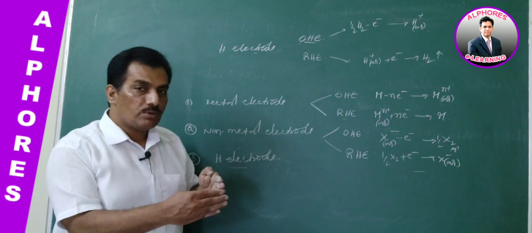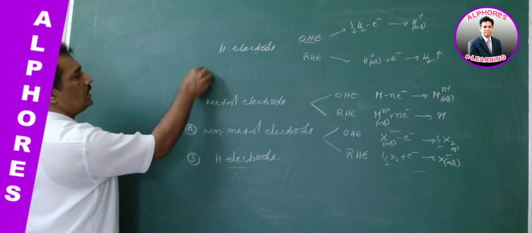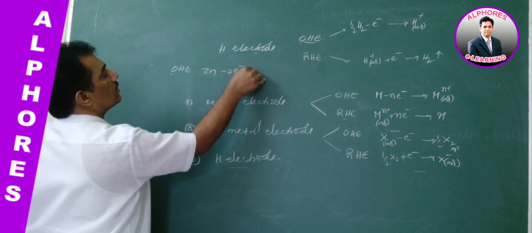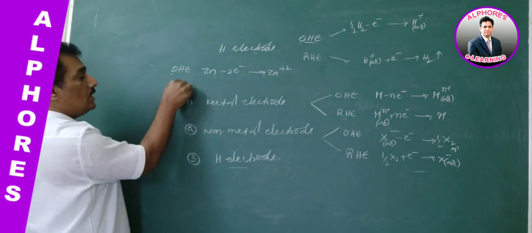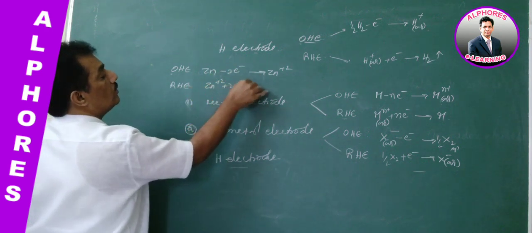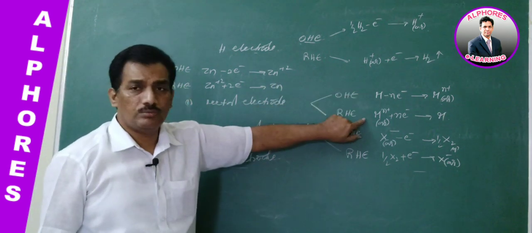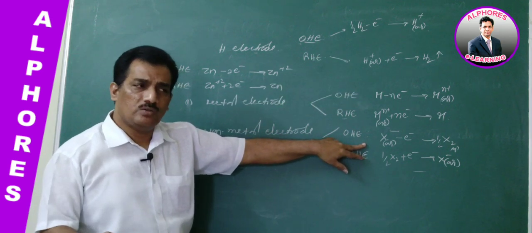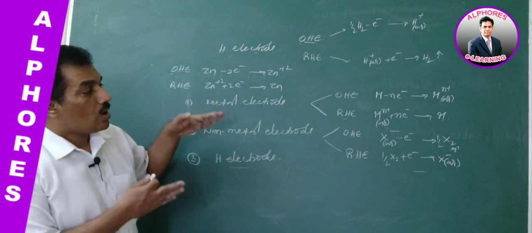Now for calculation purposes, for whatever metal is given, let me give one example: zinc as OHE. What happens to zinc? Zinc by releasing 2 electrons converts to Zn2+, and the same zinc used in an electrochemical cell as RHE, that Zn2+ takes electrons to form zinc, the reverse. So it can be used for any metal. Hydrogen is separate. For non-metals, mostly non-metal gases, only one gas we are using in our syllabus, that is chlorine. So you should have a thorough idea on this.